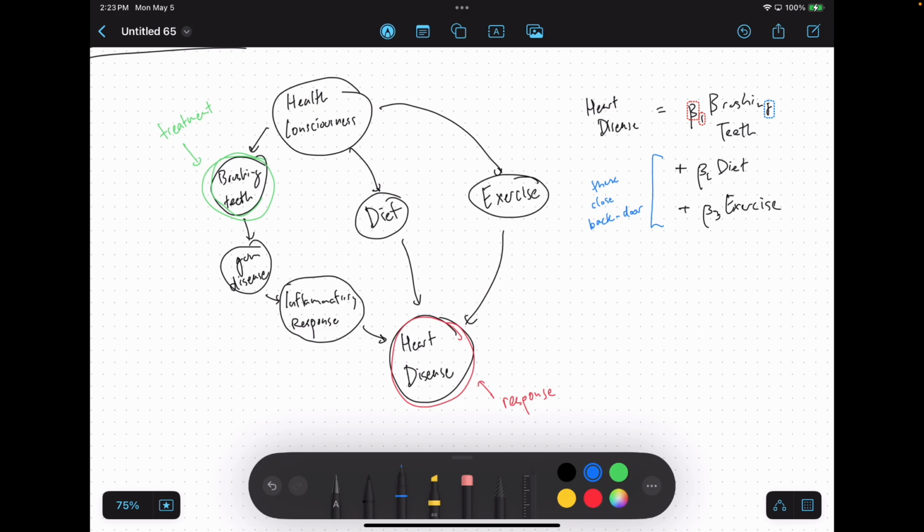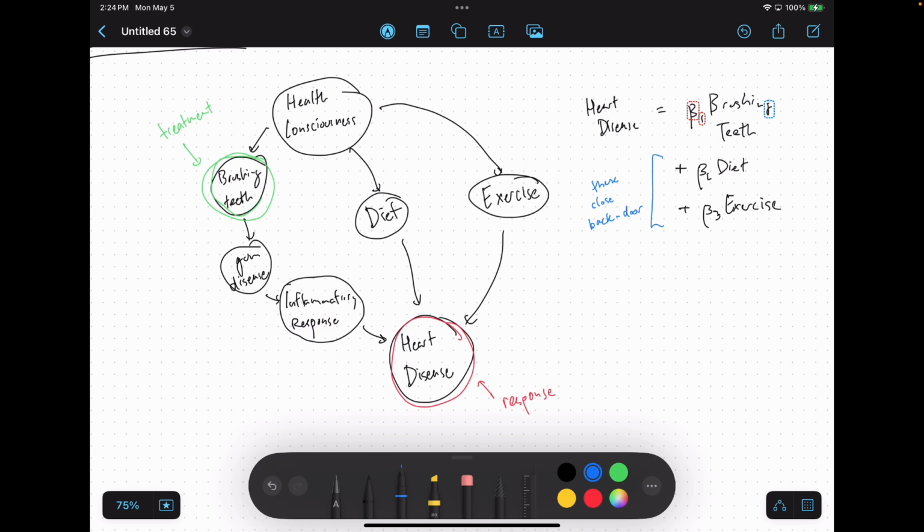Okay. And so if you have a causal diagram like this, then this regression would actually give you the causal effect of brushing your teeth on heart disease. Okay.